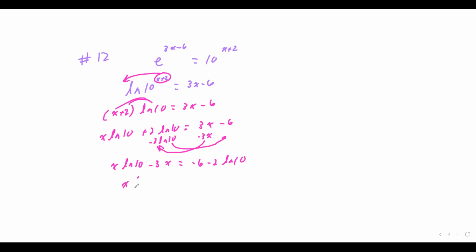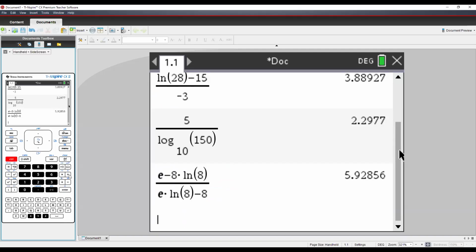Now I can factor out the x. So now I get natural log of 10 minus 3 equals negative 6 minus 2 natural log of 10, and then divide. That will go away, and this will give me whatever that is. So then I come back over here, do my control divide.